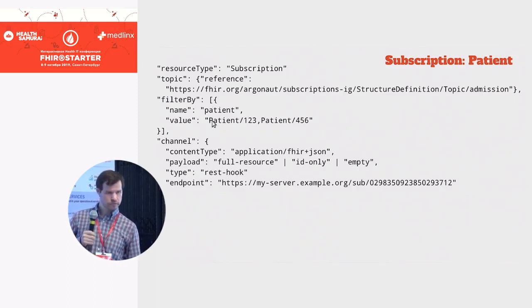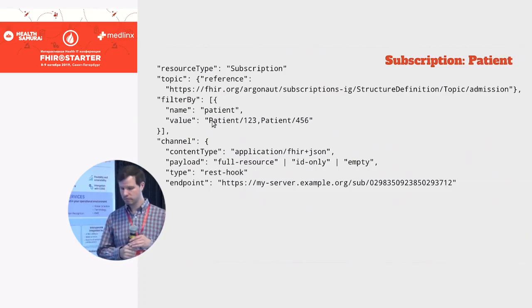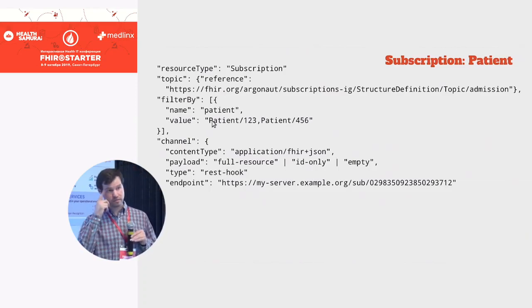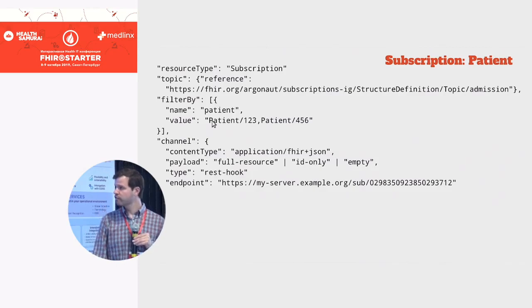И опционально, не обязательно, может присутствовать секция, которая указывает, как мы хотим фильтровать то, что в этом топике. Вот в нашем примере есть фильтр по пациенту. So in this example, we say filter by patient, and this uses the FHIR search API.